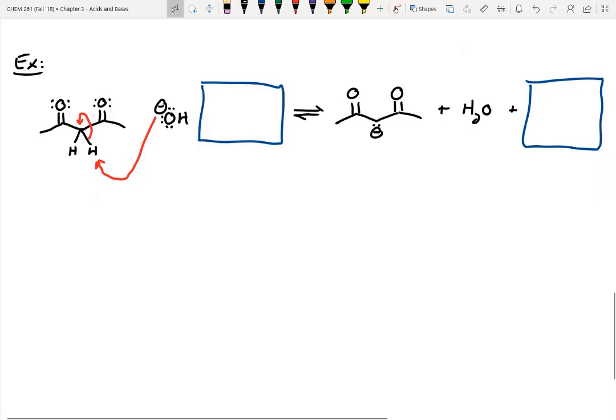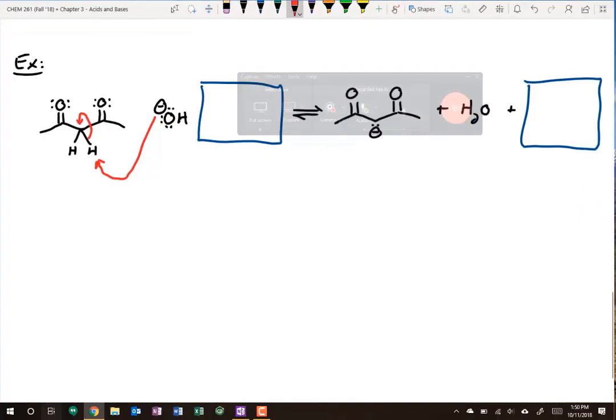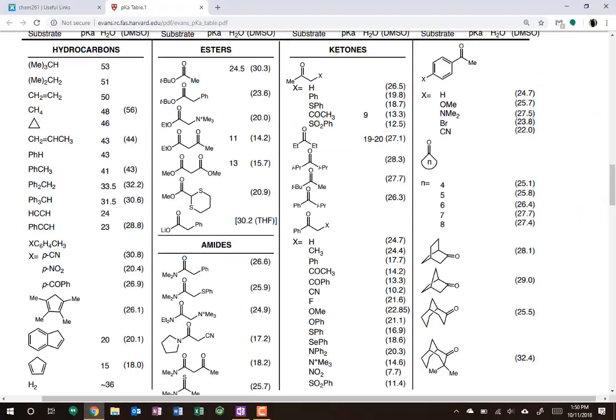So if I go to the pKa table and look for this diketone, let's go ahead and do that. I've got a ketone here. If you notice on top of the ketone side, it has a little X group dangling off. It's saying what's in that X position. So the first option is, well, what if it's just a hydrogen?